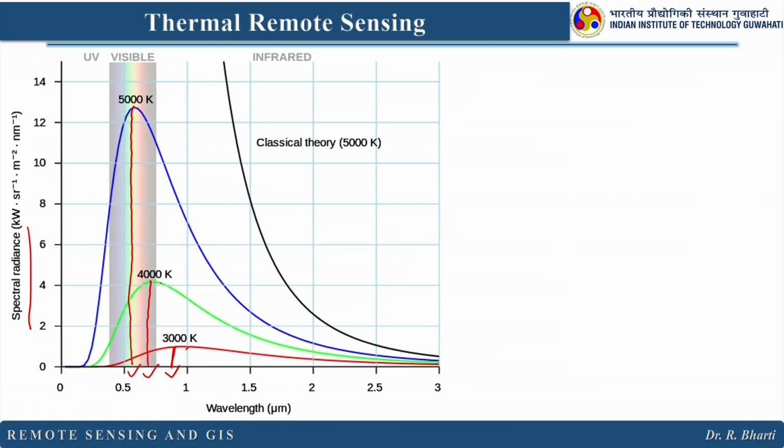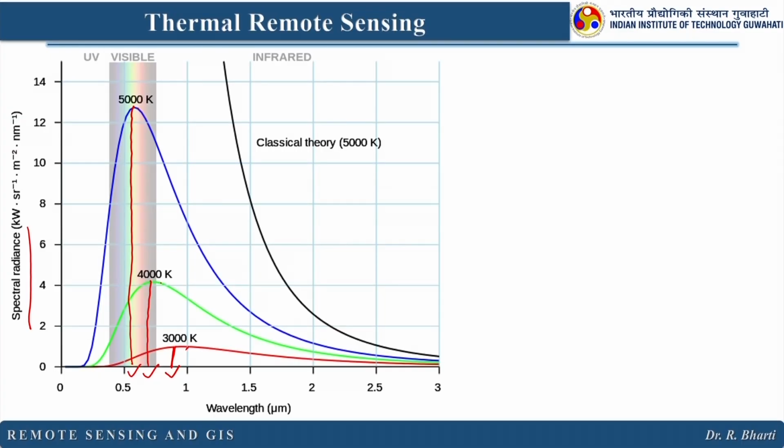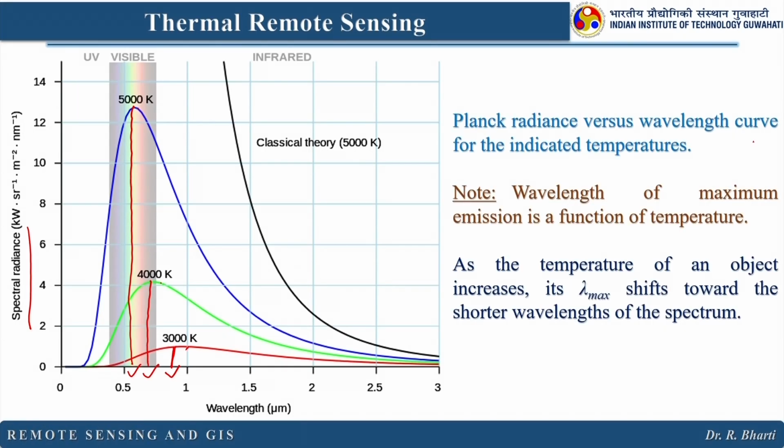Now you just see, as we are increasing the temperature of the target, what will happen? The energy line is shifting towards the shorter wavelength. So that's why we say that shorter wavelengths have high energy, right. This is one of the theories you can correlate. The Planck radiance versus wavelength curve for the indicated temperatures is shown here.